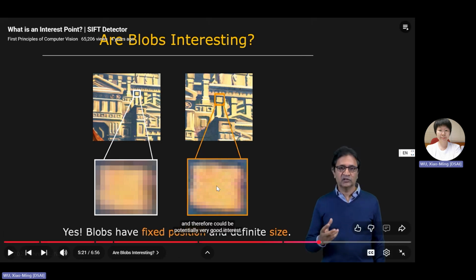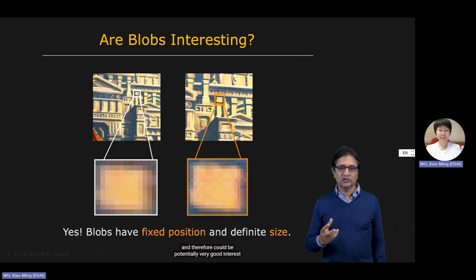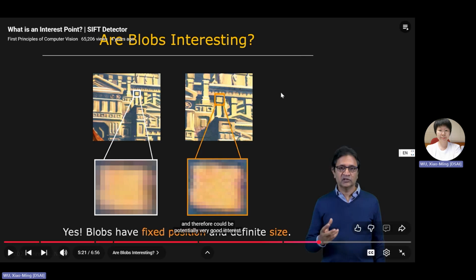Where is the position of the blob? Well, it's the center of the blob. The center of the blob is the position of that blob. So unlike edges, a blob has a fixed position.